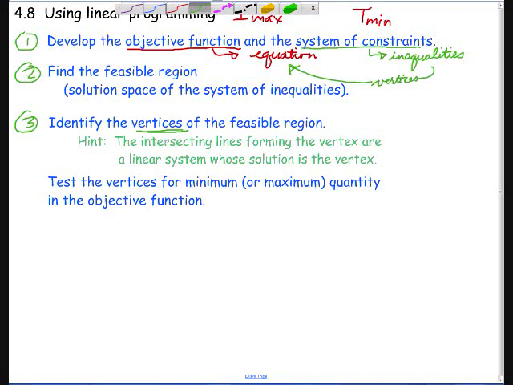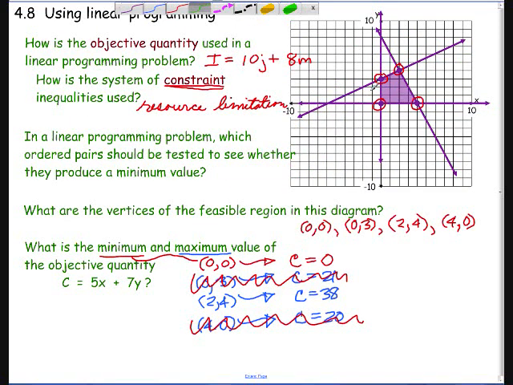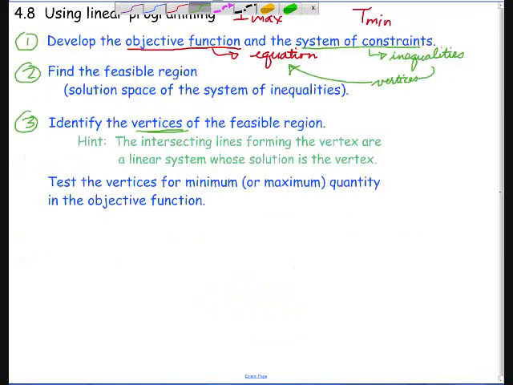Remember this, because so far our vertices have been pretty obvious. They've been right on the grid line, so they were easy to read. This is not always the case. So you may have to use a linear system to find out where the two boundary lines are intersecting. Getting complicated here.